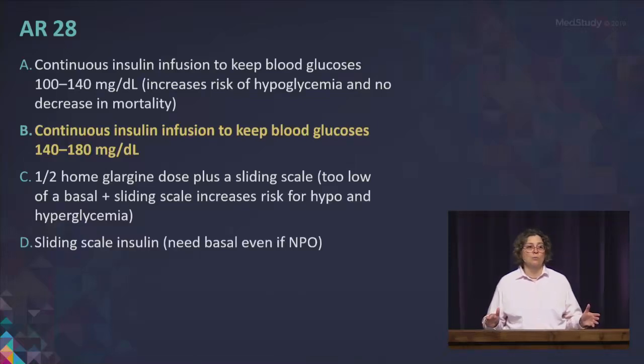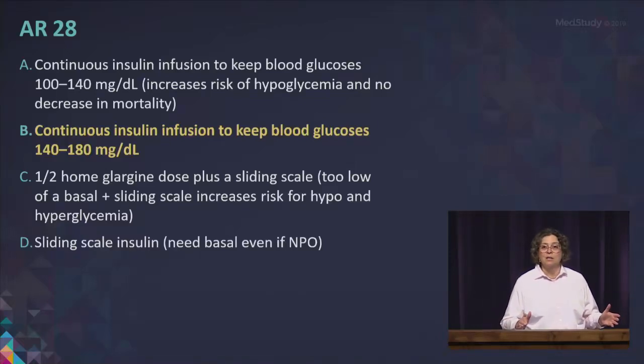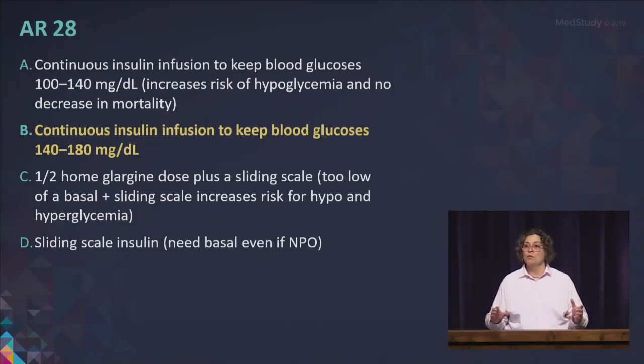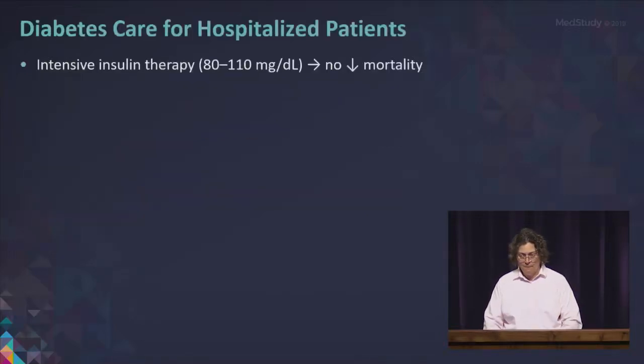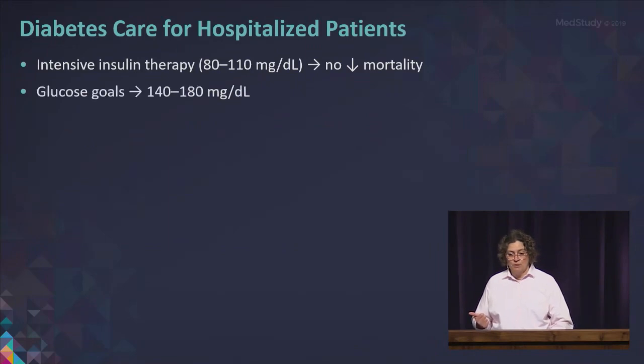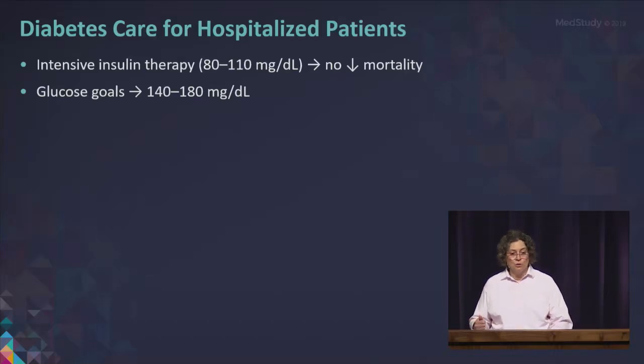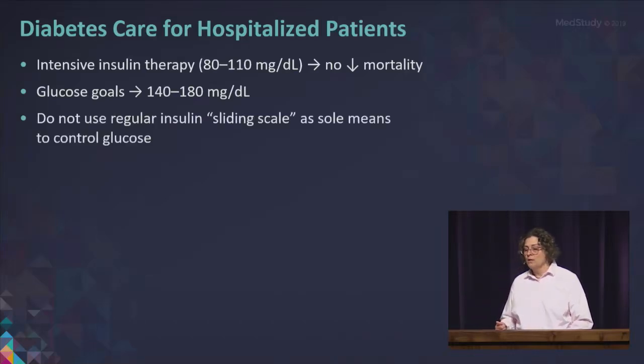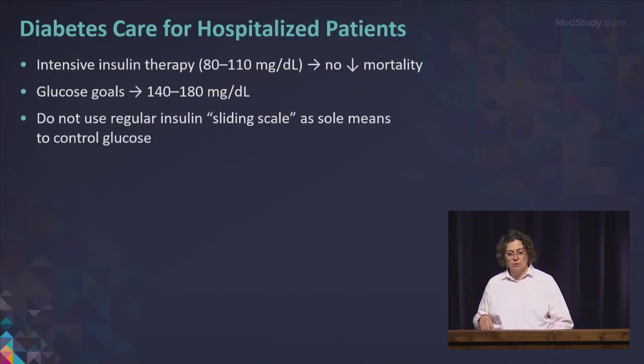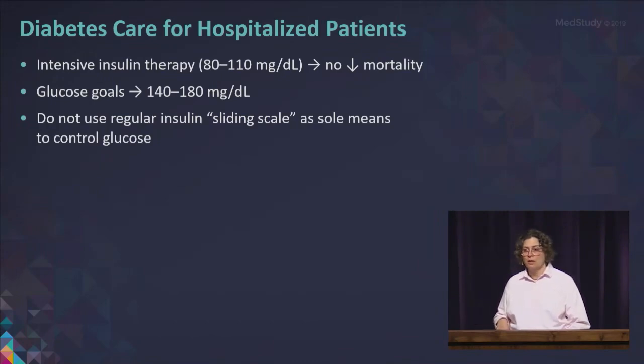It really depends on what their pancreatic reserve is, and you have no way of knowing. So that would be a recipe for disaster. Intensive insulin therapy did not show us decreased mortality in the majority of our patients. So our goal is to have reasonable therapy with sugars of 140 to 180. We never want to use a sliding scale as the sole means for glucose control in type 1.